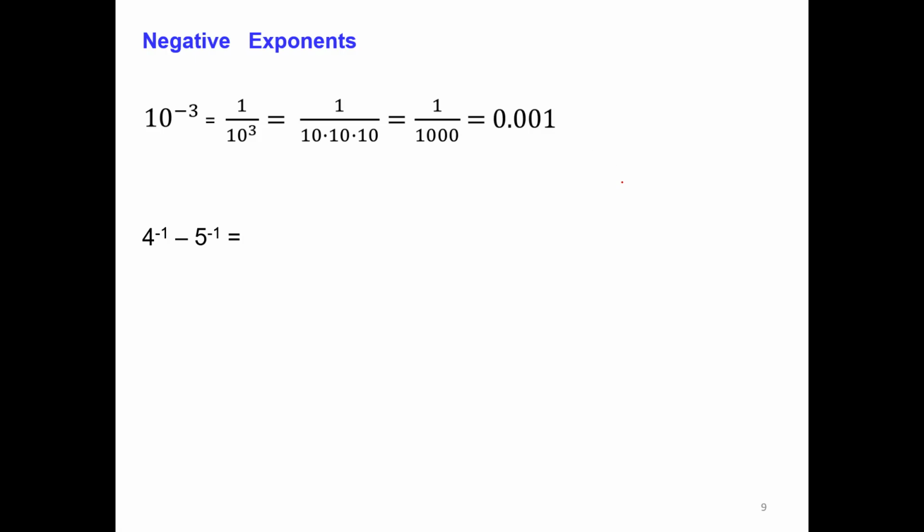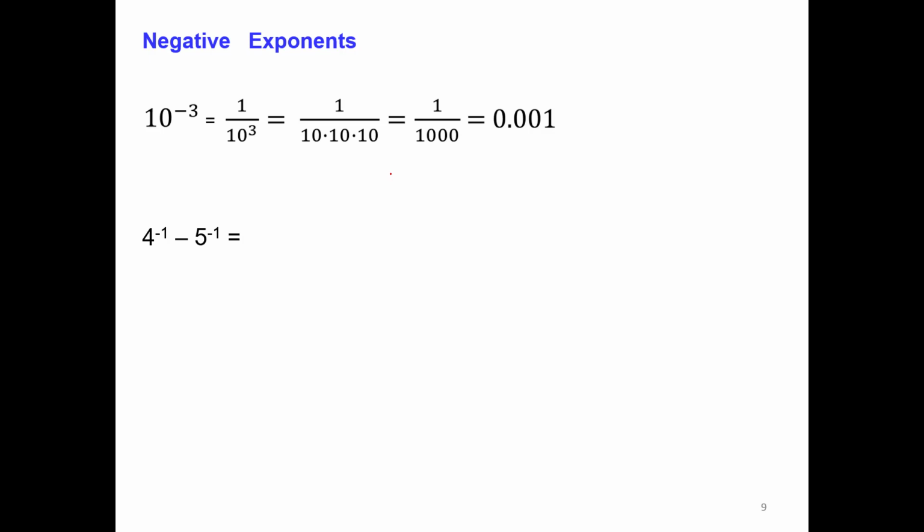And this is one more example we have here, but here we have subtraction: 4 to the minus 1 power minus 5 to the minus 1 power. We cannot solve it if the numbers have negative powers, so we need to change the sign of the exponent.